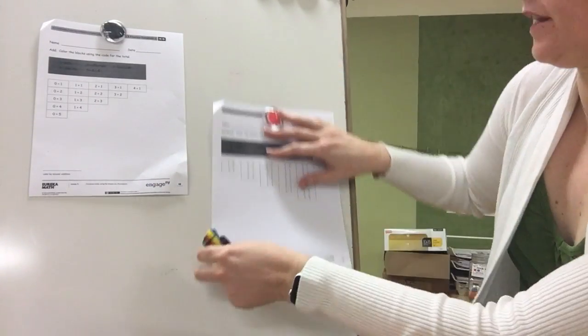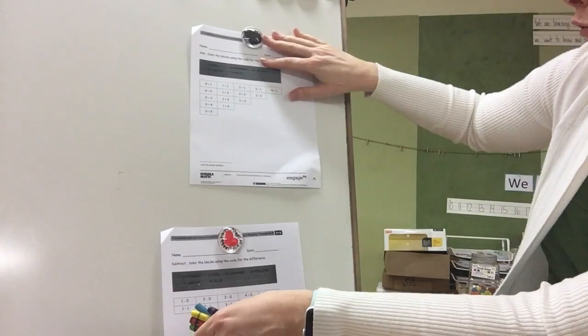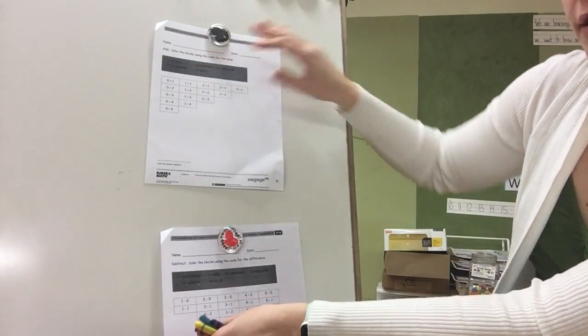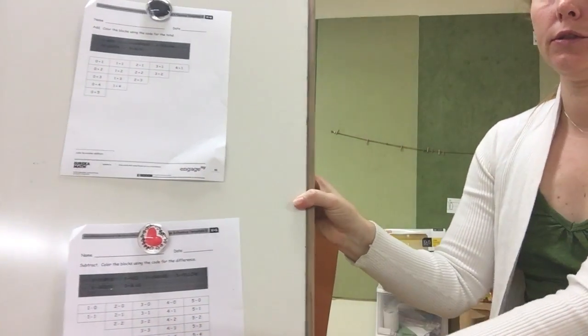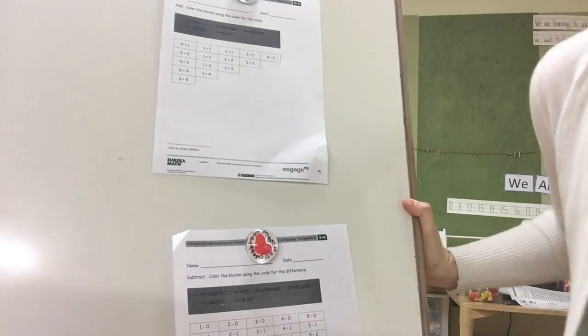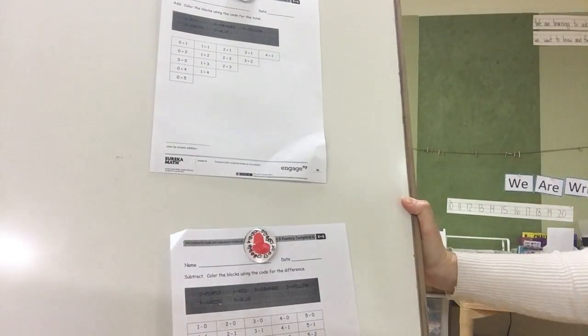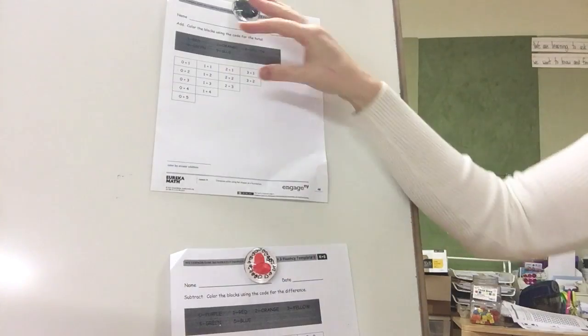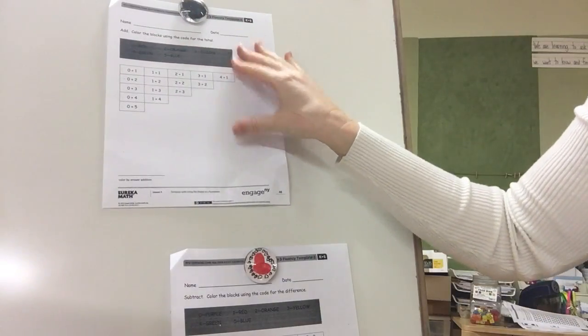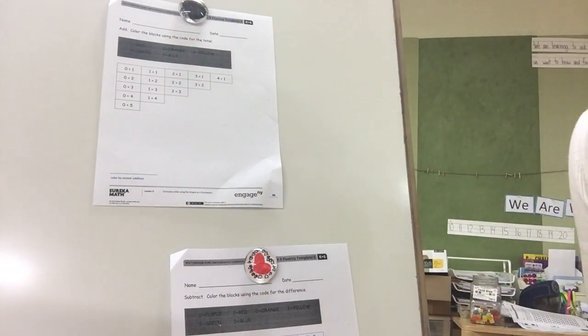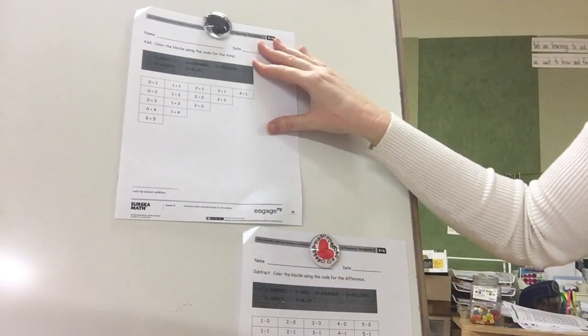Okay, we're going to start with the adding first, which is page 48. So I'm going to get us ready to go. It says add, color the blocks using the code for the total. So if you can look in this gray box, that's our clue box, our key.